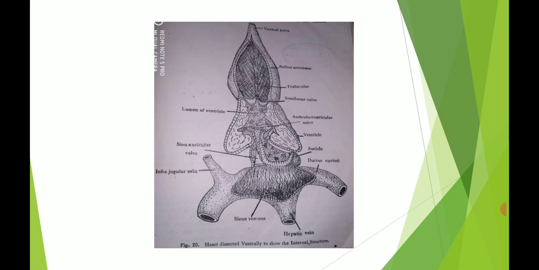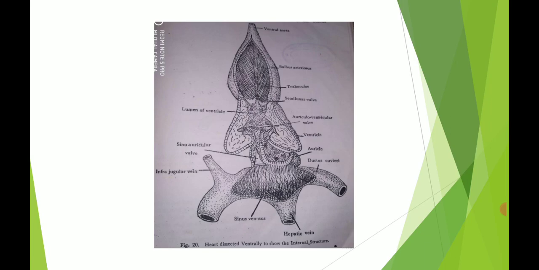Then the bulbus arteriosus is present here, then the tubercles, the semilunar wall, and the auriculoventricular wall, which is connected to the ventricle and the auricle.